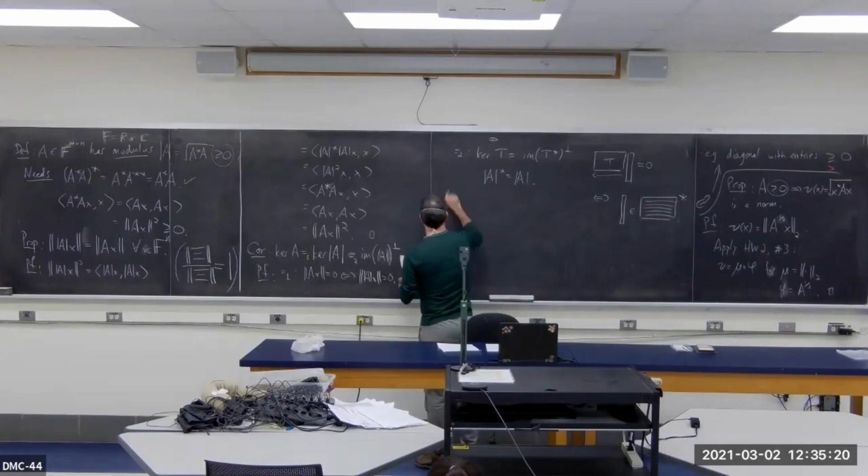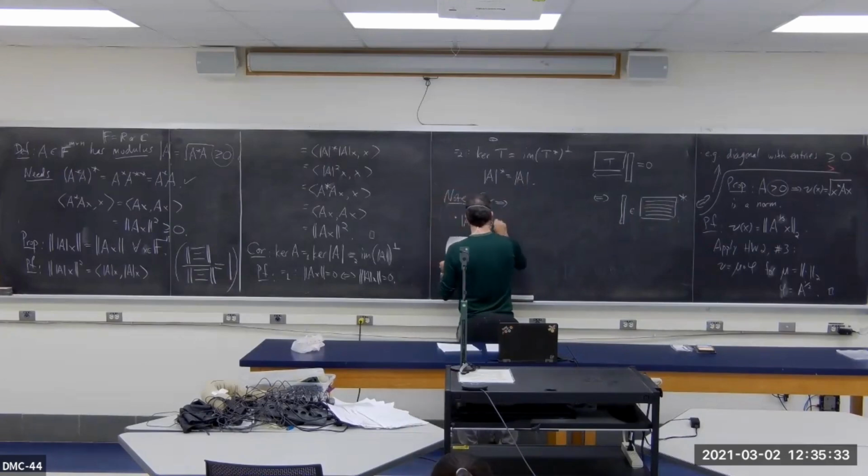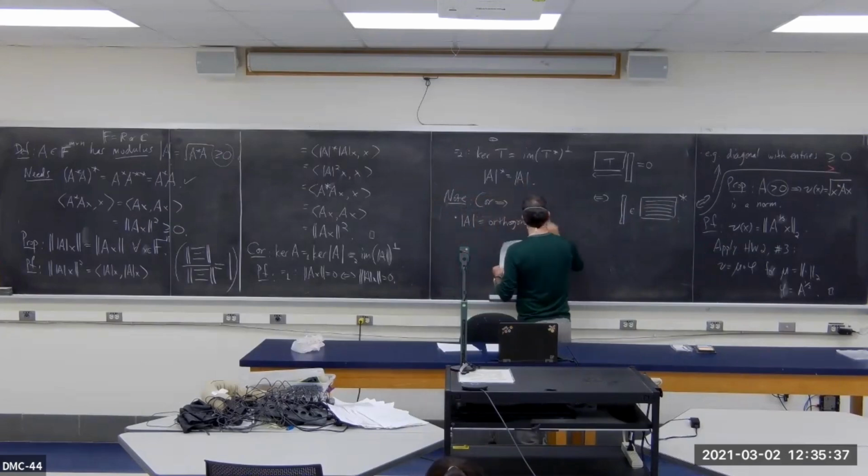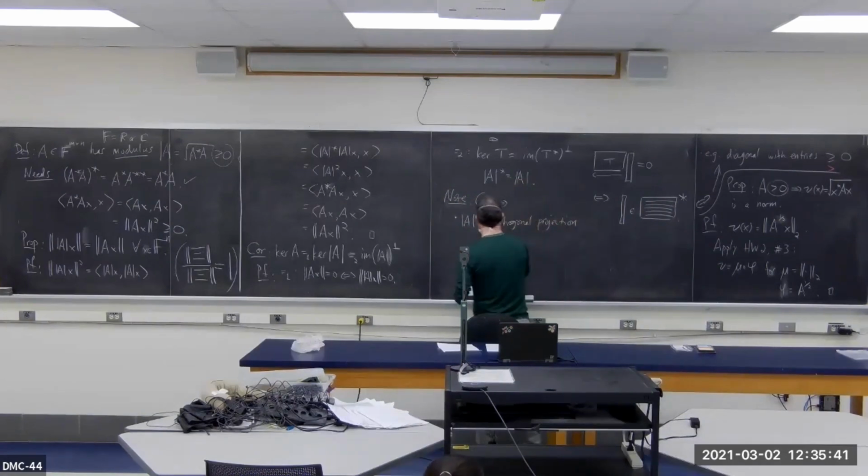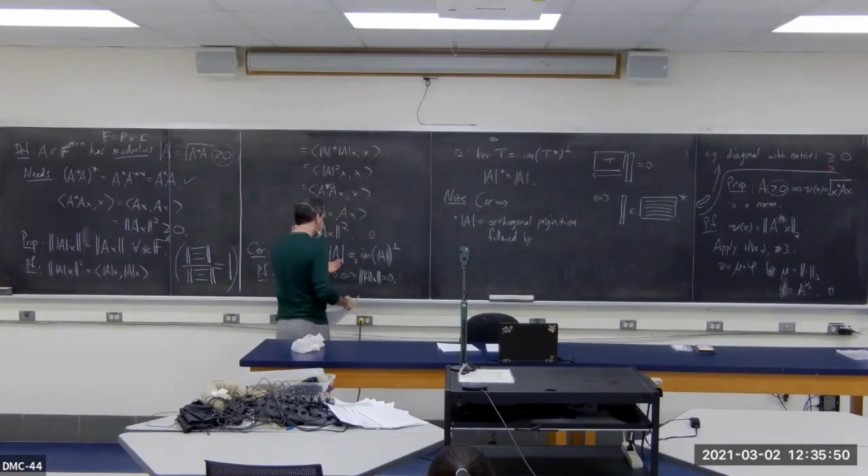Okay, so what does the corollary actually mean? The corollary means, first of all, that the modulus of A is orthogonal projection followed by, well, I'm not sure exactly what it's followed by, but it's going to be followed by something.